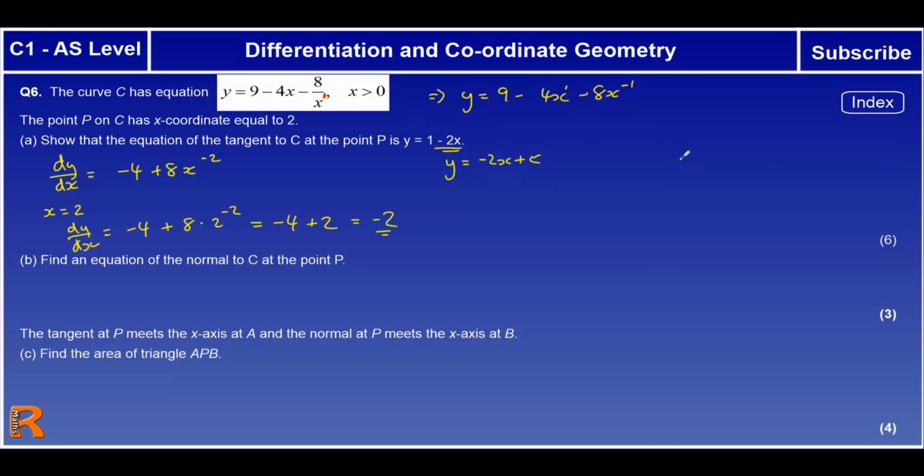So going back to the original equation up here, when x equals 2, y equals 9 minus 4 times 2 minus 8 over 2. 4 2s are 8, 9 minus 8 is 1, 8 over 2 is 4, 1 take away 4 is minus 3. So when x equals 2, y equals minus 3.